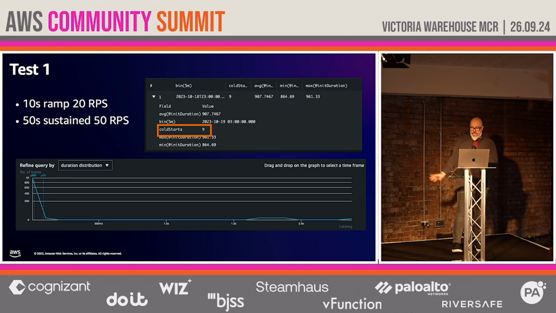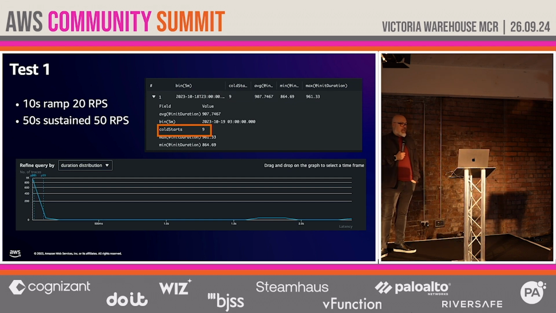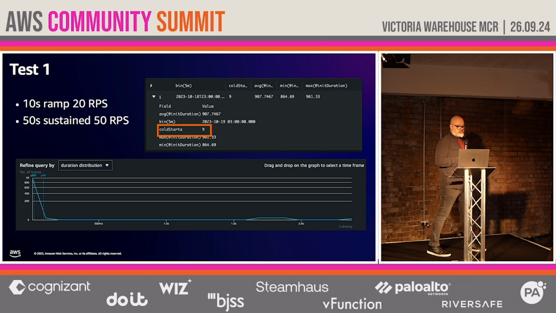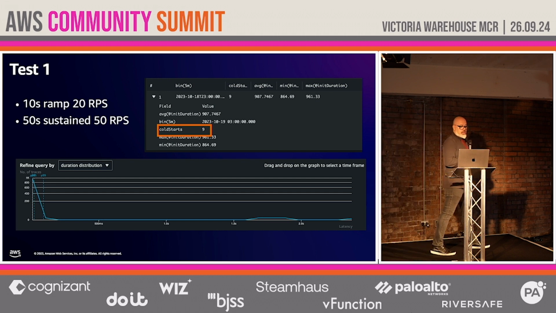Okay, with all of that, let's start to do some tests. So now we move to 9 cold starts. That's not bad. It was 18 before for the gentle ramp up from 0 to 20 and from 50 requests per second to 8. That's great. But the other interesting thing, you see the P99 now? Look at how nice the P99 is.